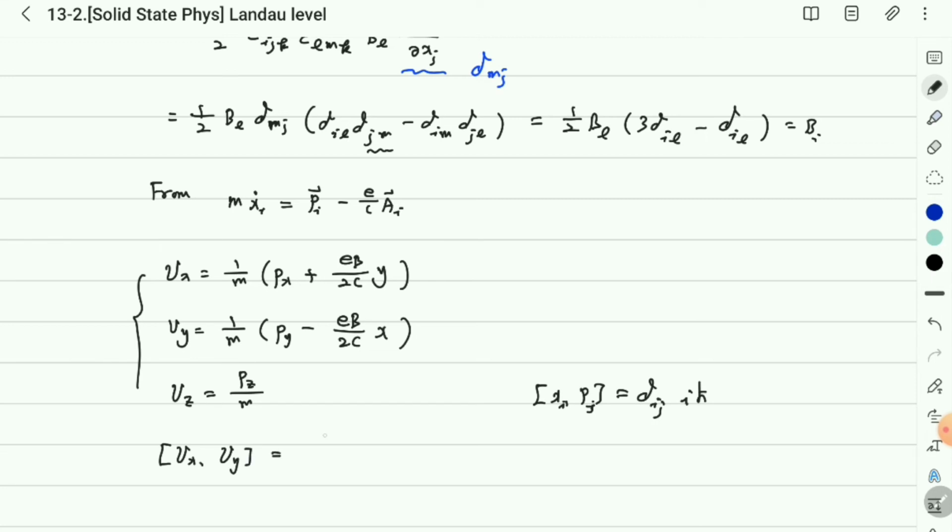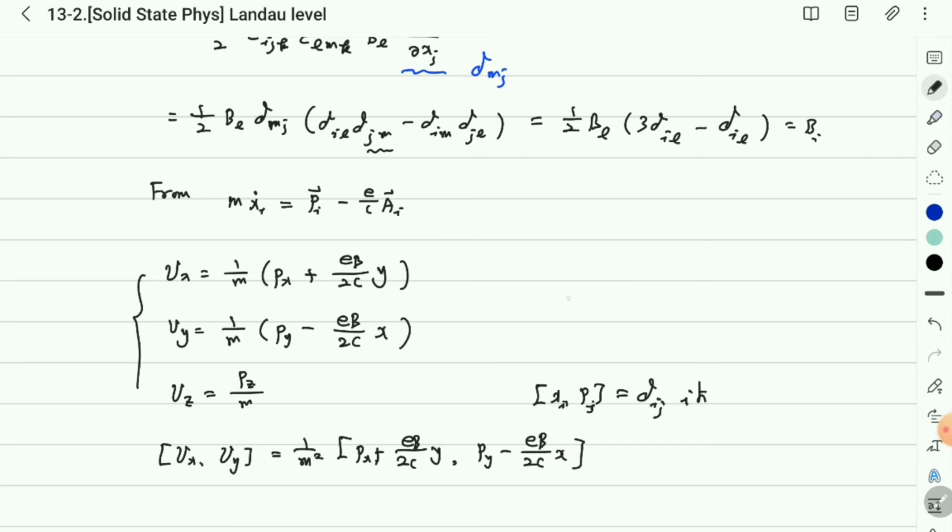Then it is 1/m squared times (px plus eB over 2c y) and (py minus eB over 2c x).